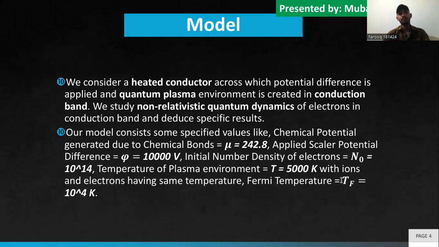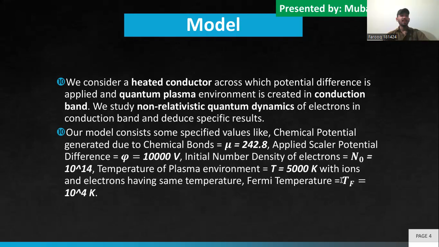Ordinary plasma does not have the dominance of these effects, but we do have it in quantum plasma, like in the conduction band of a conductor, as we are studying here in helium burning. We are dealing with non-relativistic quantum dynamics and ignoring the relativistic effects. If we add relativistic effects, the equations and calculations become more complex, so we didn't go there.